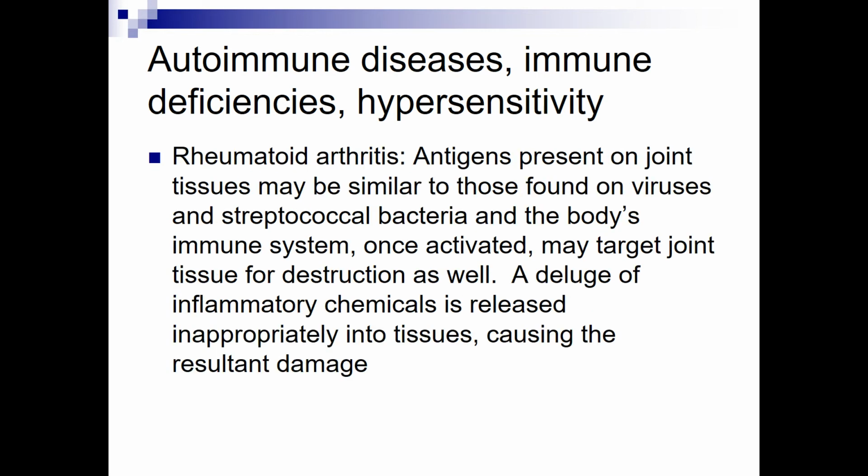Okay, so I'm just going to go through these real quickly. Here are some autoimmune diseases: rheumatoid arthritis. Something caused the inflammatory chemicals to attack the synovial membrane within the joints, and so that begins to be destroyed.